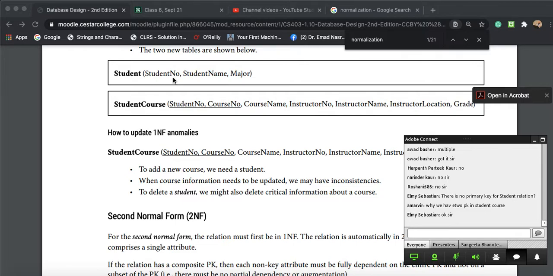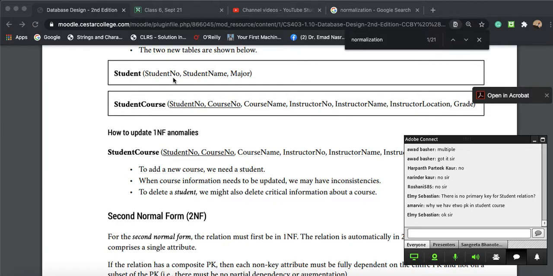In the student course, we have one primary key, but it contains two attributes. We always have one primary key, but the primary key could be single or composed. This primary key is composed, so it consists of two attributes. Why do we have two?